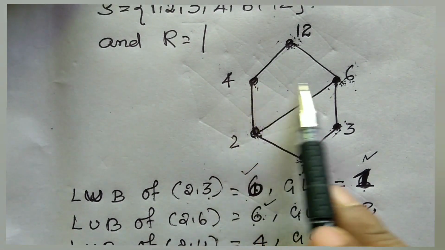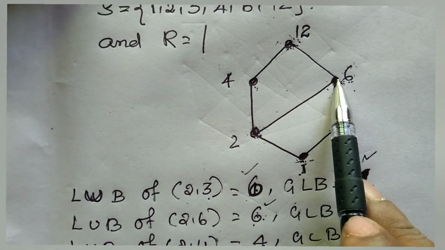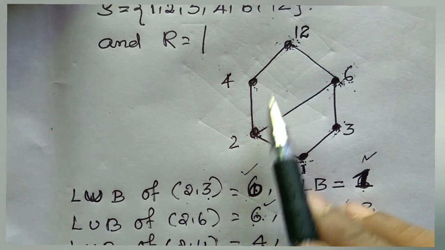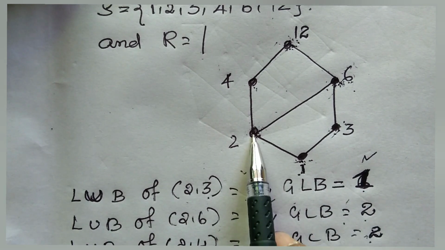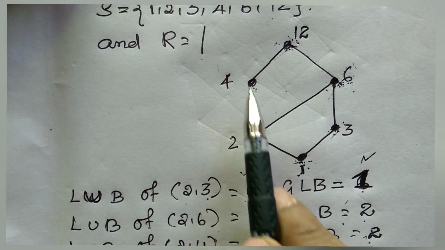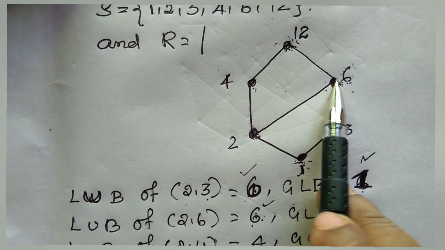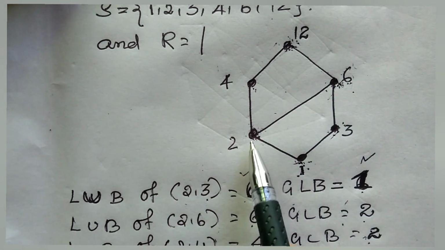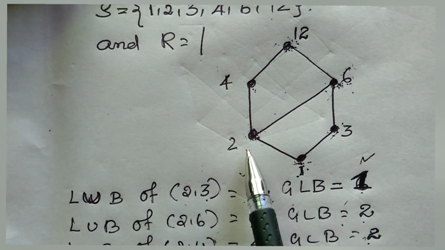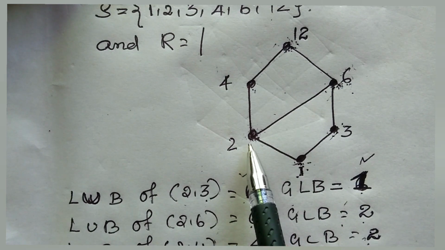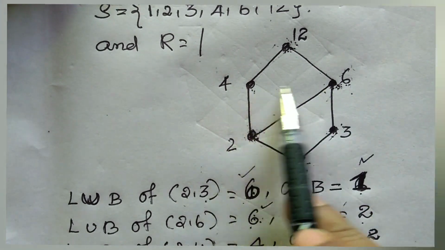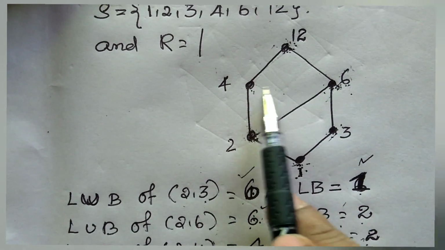And if you take 4 and 6, there is no direct connection. So this is the LUB and this is the GLB. We don't need to go to 1, because for 4 and 6 the lower bounds are 2 and 1. Out of 2 and 1, we take the greatest value, so the answer is 2. In simple terms, for 4 and 6 there is no direct link.